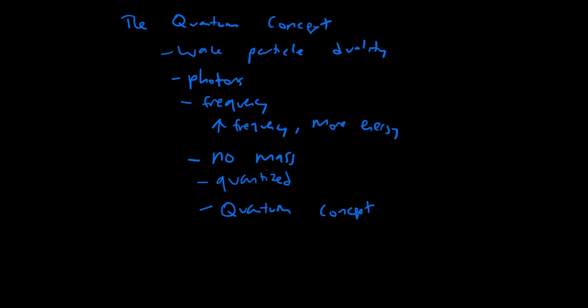So the quantum concept is that energy comes in fixed amounts or quanta. And for light, the quanta are those photons. And energy does not flow continuously according to this concept.